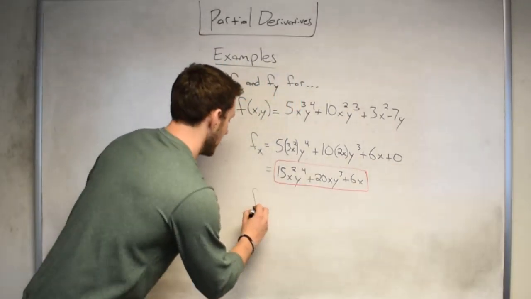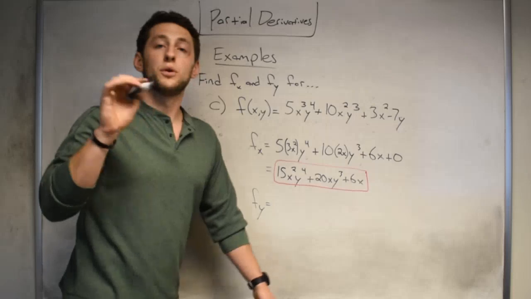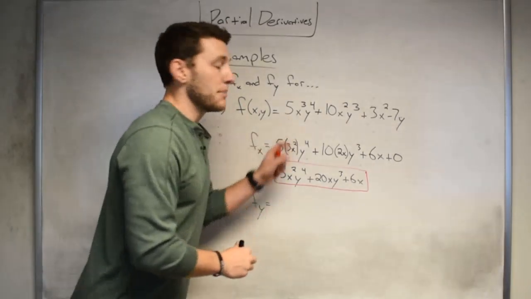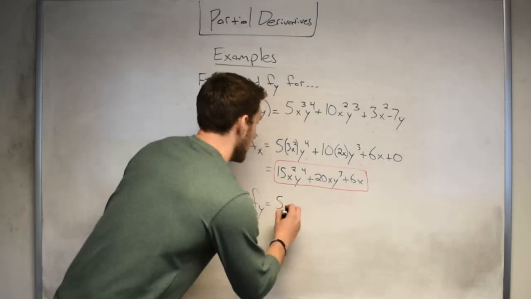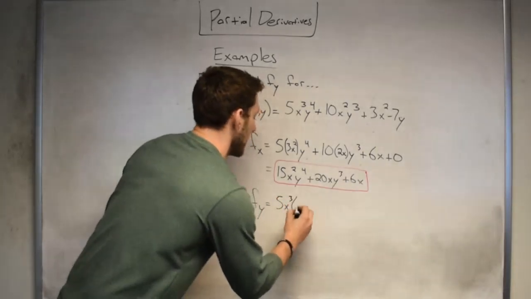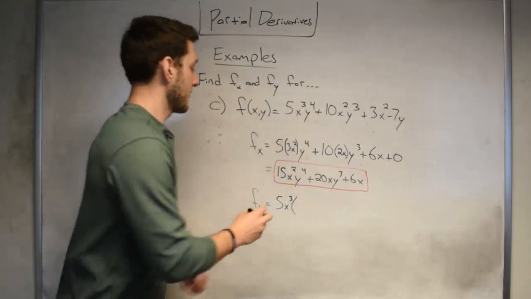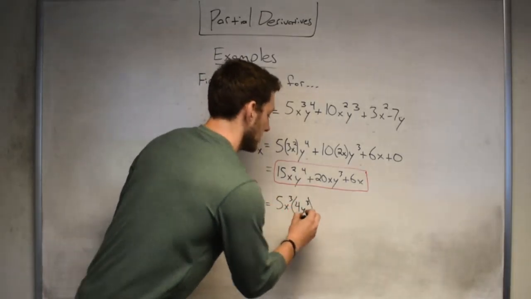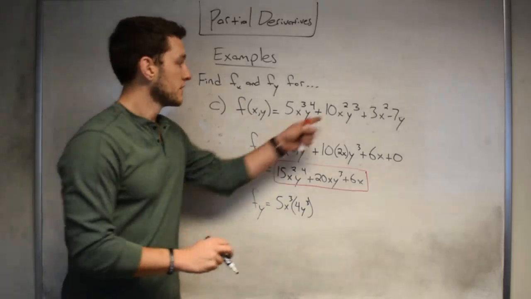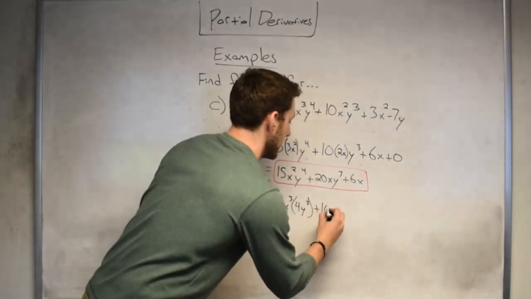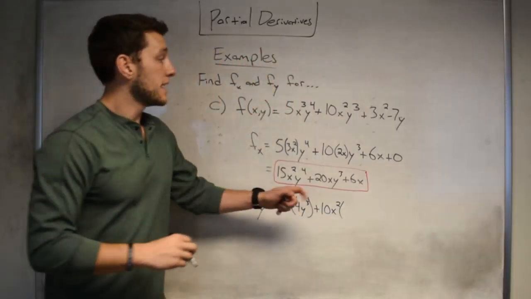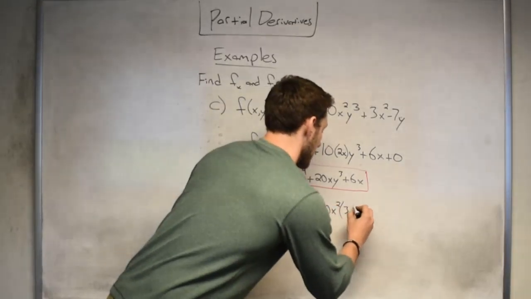Lastly, if we go ahead and find f sub y, we will now hold x constant while deriving the y term. Copying down my non-y terms, 5x cubed, and then deriving with respect to y, I get for the first term 5x cubed times 4y cubed. The second term, copying down 10x squared and then deriving y cubed, gives me 10x squared times 3y squared.